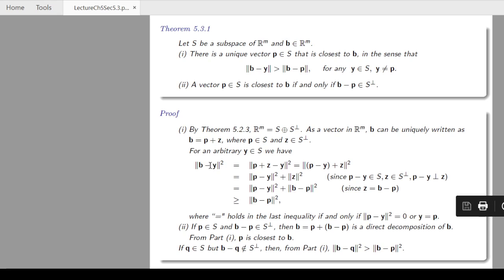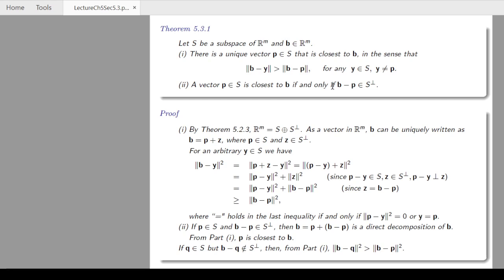Then we can say the square of the distance between b and q should be greater than the square of the distance between b and p. So in this way, we showed the second part. The second part is a necessary and sufficient condition.